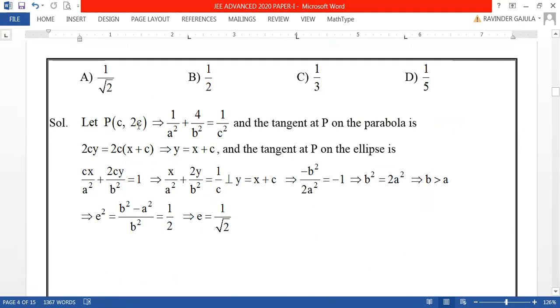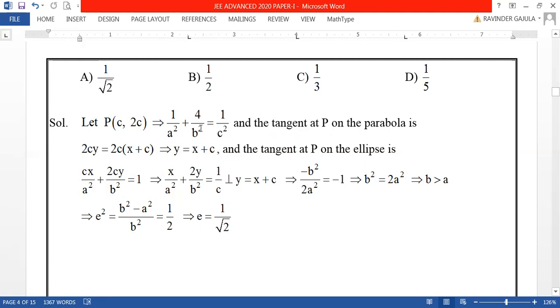Given that the ellipse is passing through this point c comma 2c, what you will have is c square by a square plus 4c square by b square equal to 1. Now taking c square on the right side, 1 by a square plus 4 by b square equal to 1 by c square.